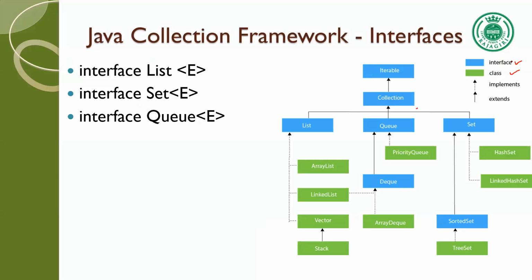When you have interfaces, you will have things like List, so you call this interface List. You have Queue, it is an interface, so you will write interface Queue, interface Set, interface Deque, interface SortedSet. These are the set of interfaces which are available in the collection framework.